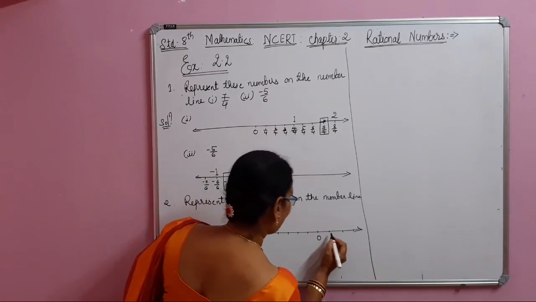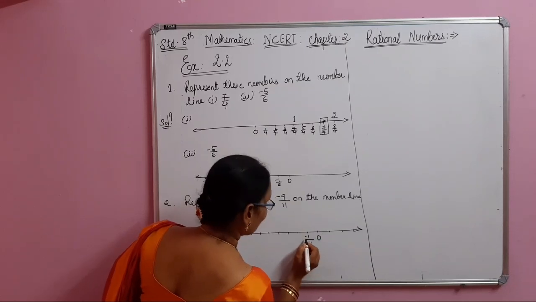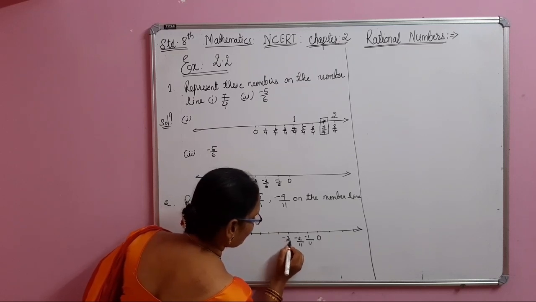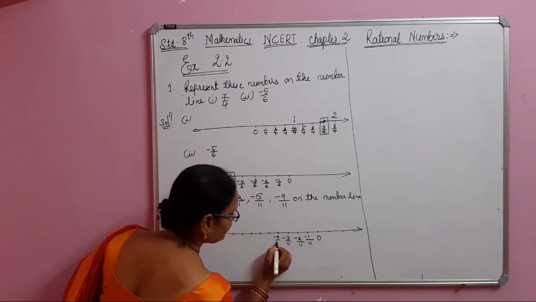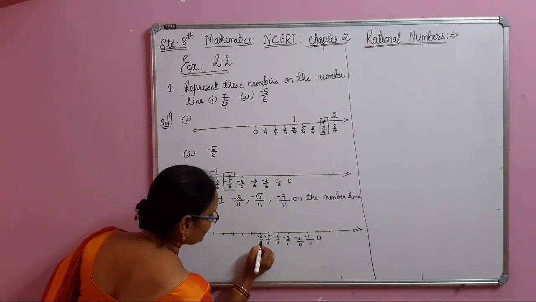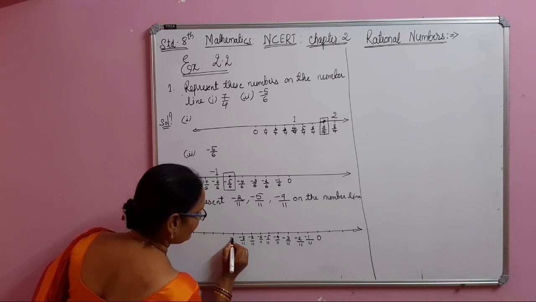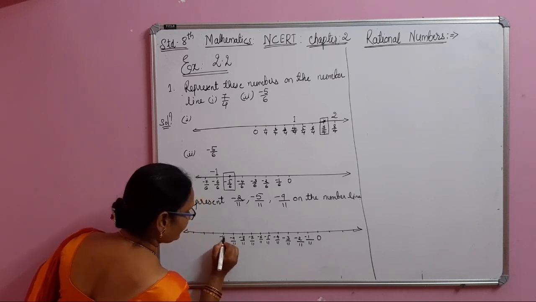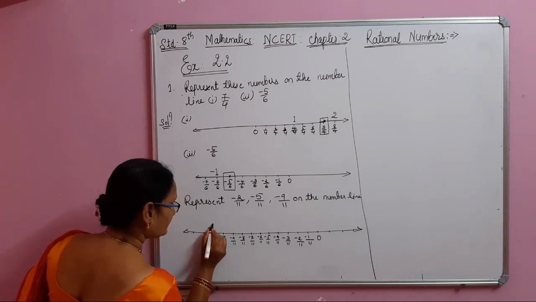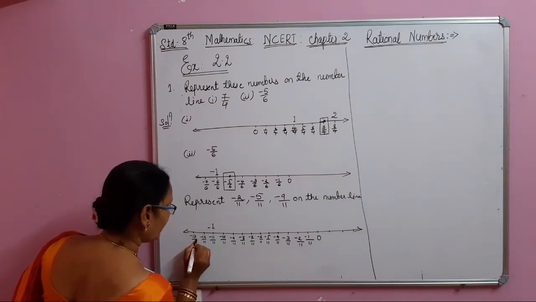Then minus 1 by 11, minus 2 by 11, minus 3 by 11, minus 4 by 11, minus 5 by 11, minus 6 by 11, minus 7 by 11, minus 8 by 11, minus 9 by 11, minus 10 by 11, minus 11 by 11. See, this is minus 1 and this is minus 12 by 11, minus 13 by 11.